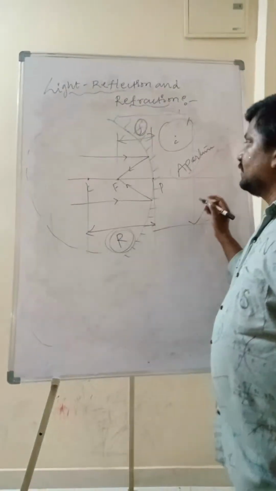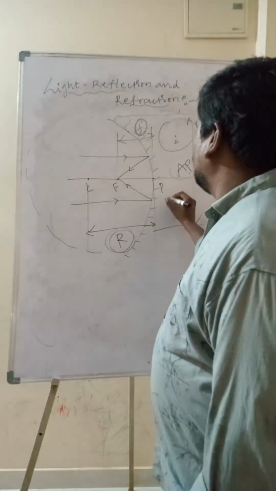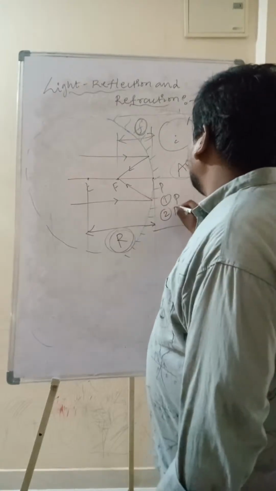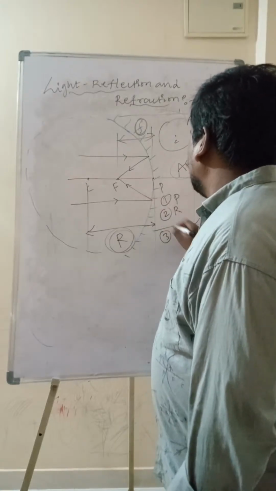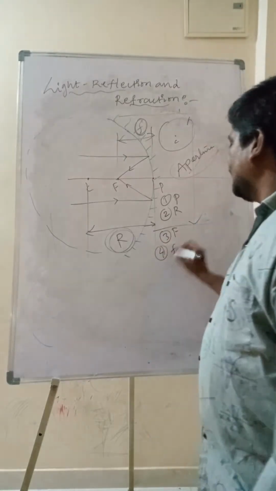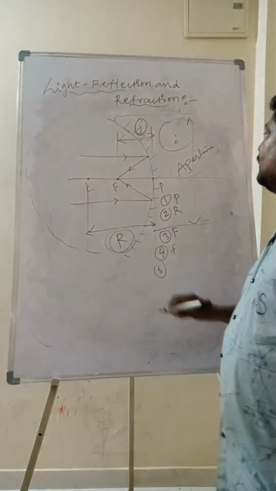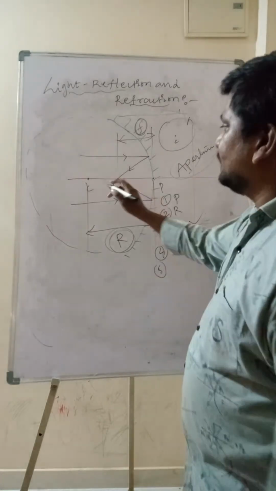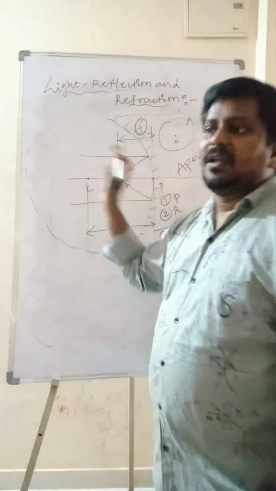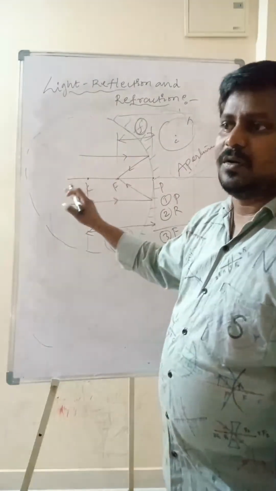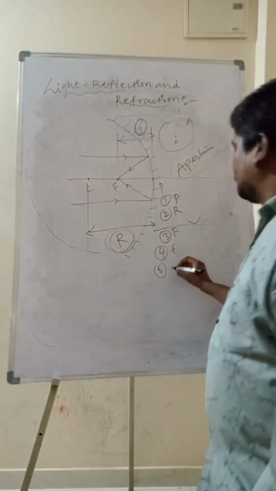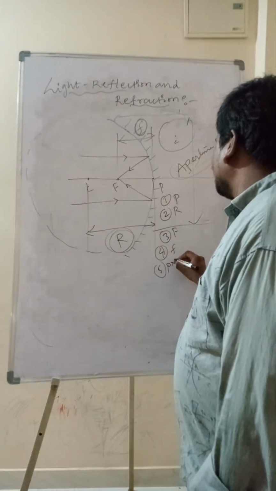Here, aperture. So once again, all the points we'll discuss. One is pole, second is radius of curvature, third is principal focus, fourth is focal length, fifth is principal axis, the line joining the center of curvature and pole.